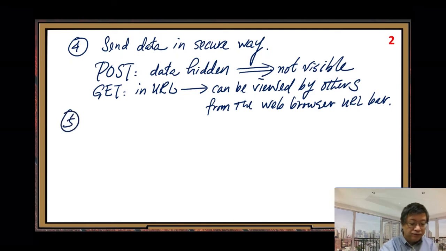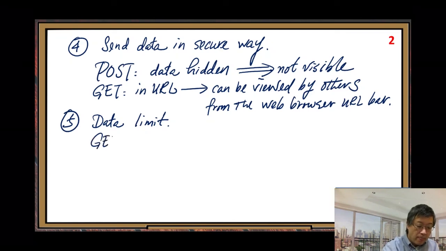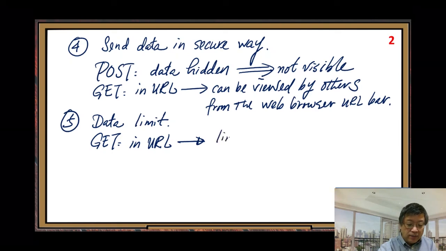Property number 5, data limit. When you send data, is there a limit for the data size? It depends on what method you use. First, the GET method, because it is in the URL, is limited.